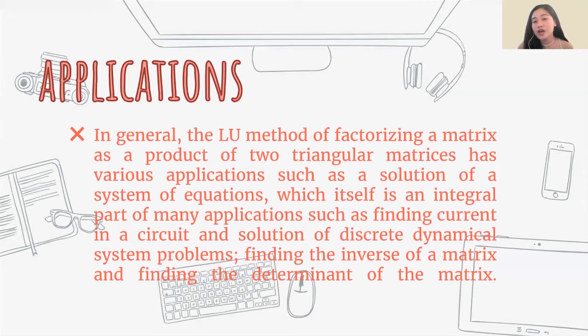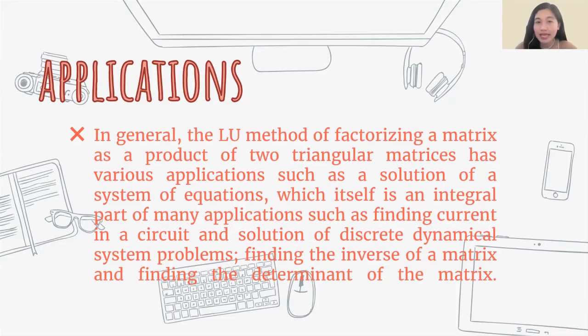Now, moving forward to our applications, we have to take note that in general, the LU method of factorizing a matrix as a product of two triangular matrices has various applications such as the solution of a system of equations, which itself is an integral part of many applications such as finding the current in a circuit, solution of discrete dynamical system problems, finding the inverse of a matrix, and finding the determinant of the matrix. As for our example later, we are going to solve for the voltage.